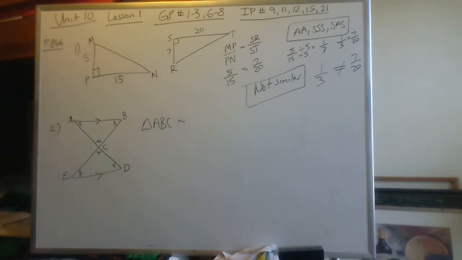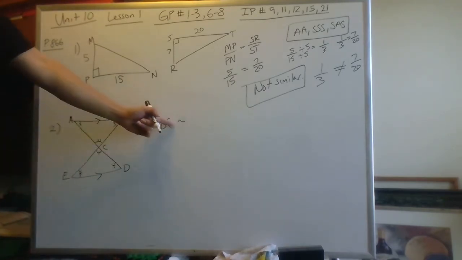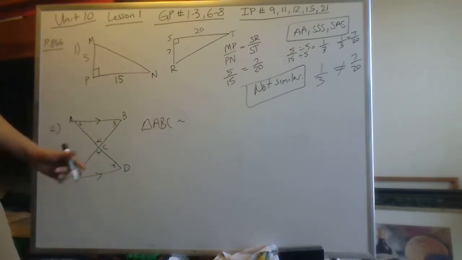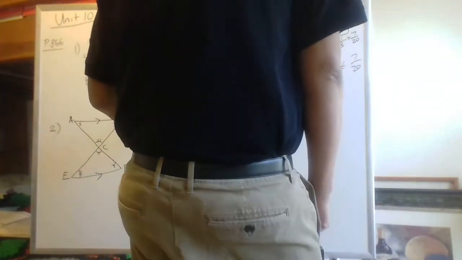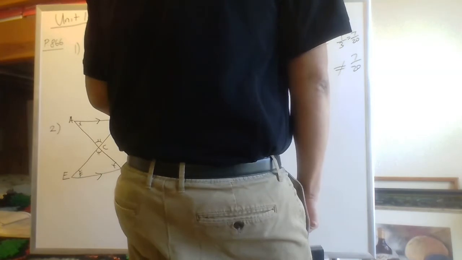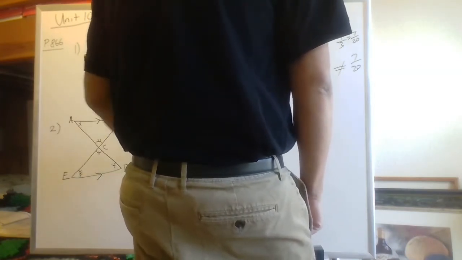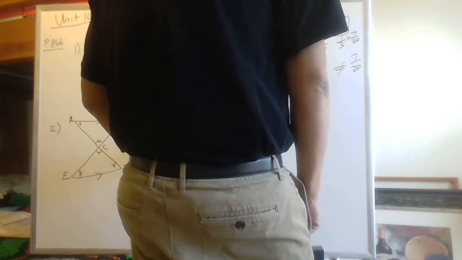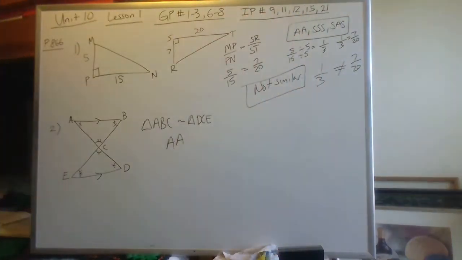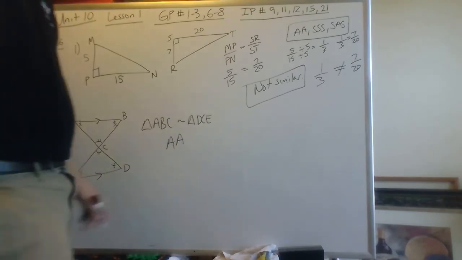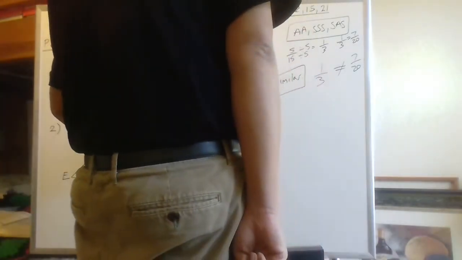So the similar symbol is one squiggly line. And then we're going to say triangle ABC is similar to triangle, I'll just say DCE. And it's because of angle, angle. All right. So it's by angle, angle.